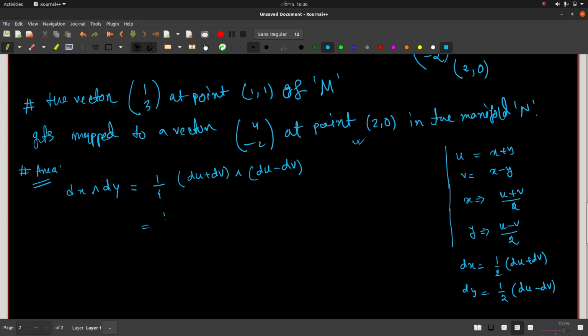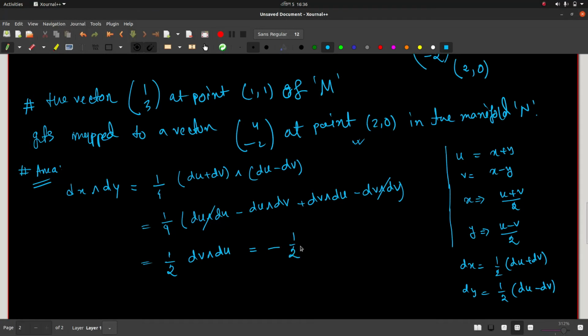And if you do the algebra, this is 1/4 du wedge du minus du wedge dv plus dv wedge du minus dv wedge dv, and these are by definition 0. And if you flip the minus sign over here, this will become 1/2 dv wedge du, or you can equivalently write this as minus 1/2 of du wedge dv.